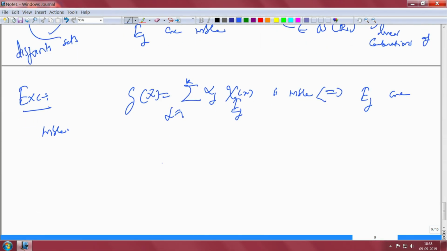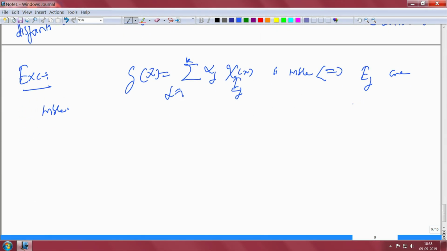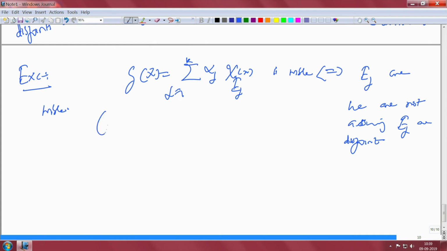In the exercise, we are not assuming Ej are disjoint. Okay, but you can disjointify them. So, hint is to disjointify Ej.